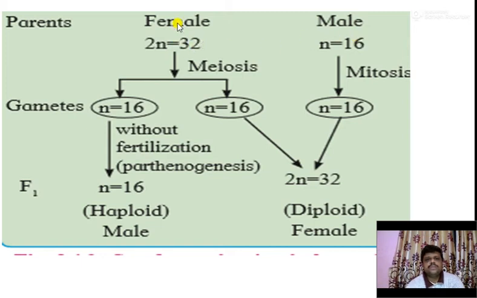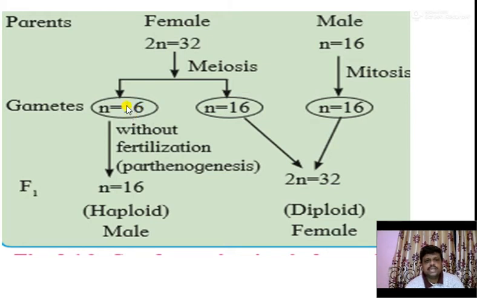So this particular female produces eggs with the help of this particular process, that is meiosis, and this male produces sperms with the help of mitosis.